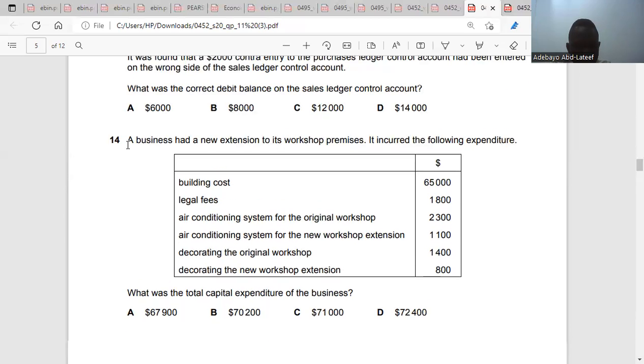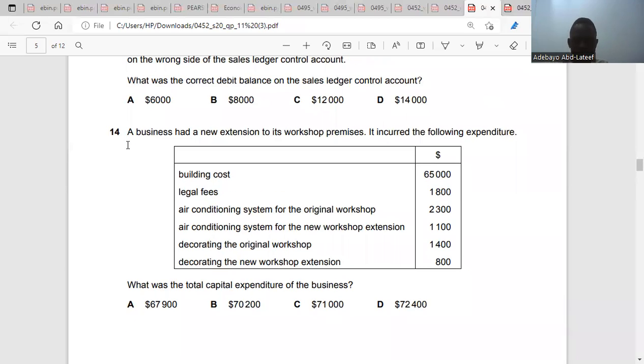The question asks, what was the total capital expenditure for the business? So it's 65,000 plus 1,800 plus 2,300 plus 1,100 plus 800. That's 71,000, C.